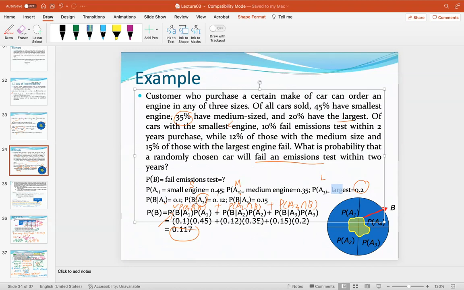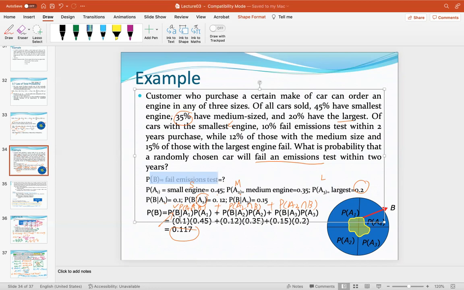Given that it is the medium size, 12% fail, and given that it is large engine, 0.15 fail. So what is the probability a randomly chosen car will fail an emission test within 2 years? In other words, what is the probability of failing the emission test?